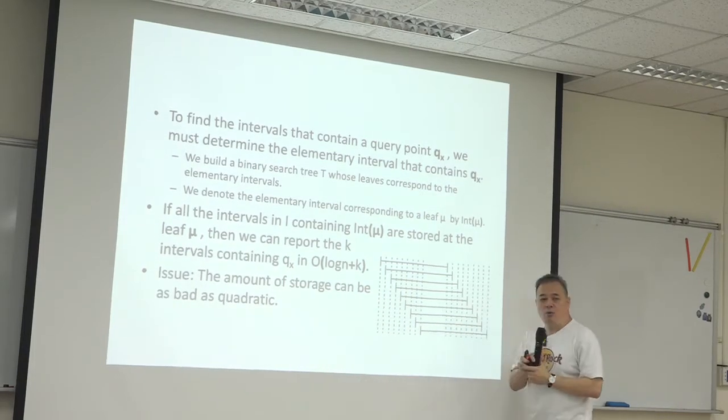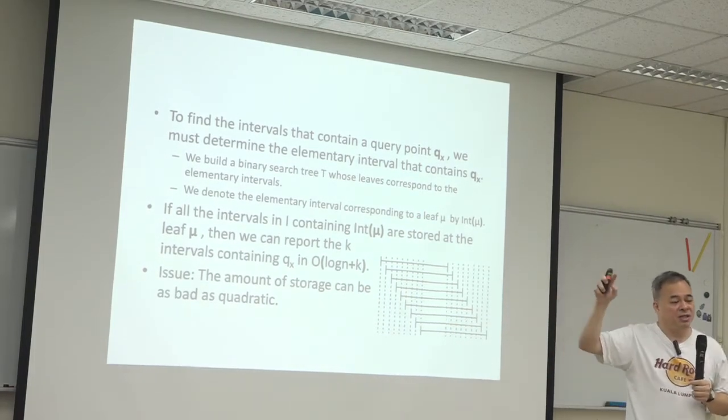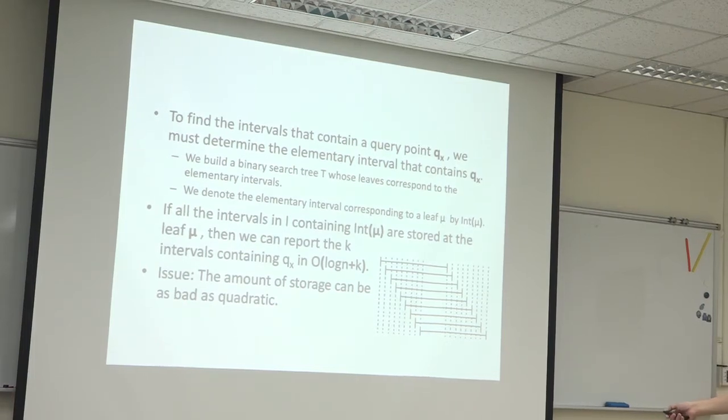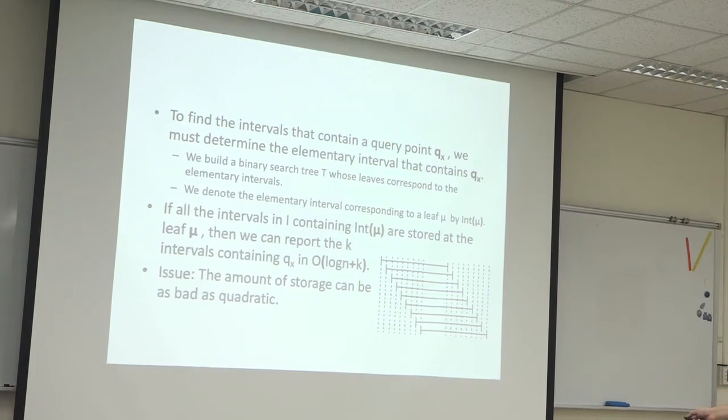So it's going to be 1 plus 2 plus 3 plus and so on, plus n. The complexity of this storage space is going to be quadratic, which is not that great. We don't consider this solution good.